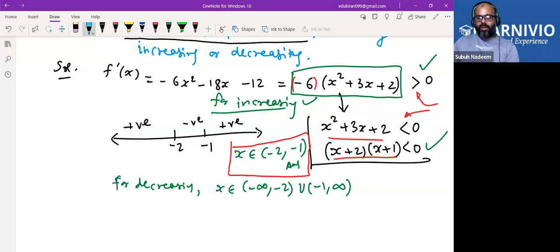And for decreasing, x belongs to (-∞, -2) union (-1, ∞).